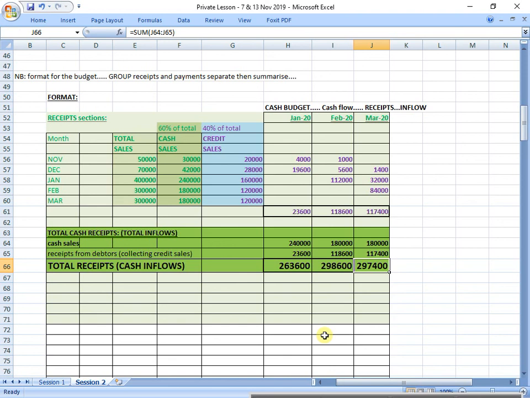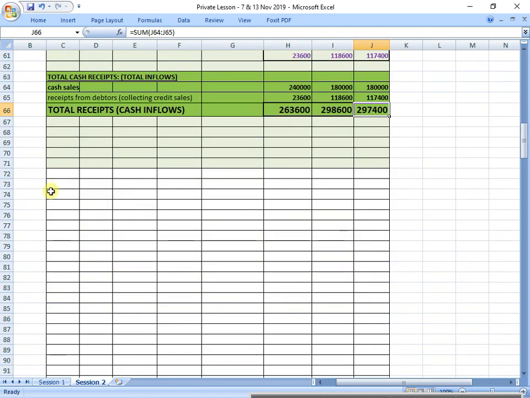Okay, in a budget, do I only look at money coming in? No, I've got to look at money going out. So, second section: cash payments.